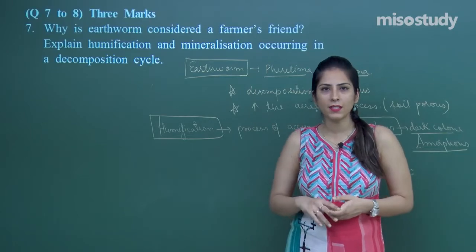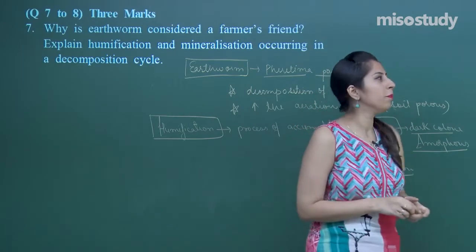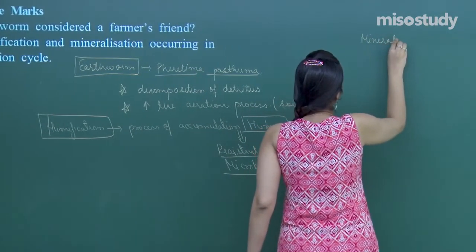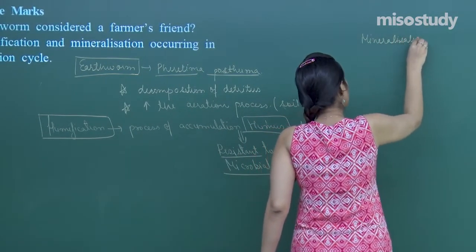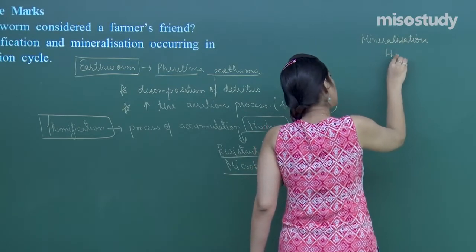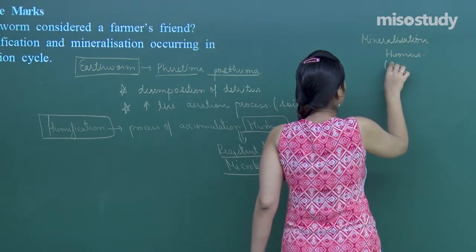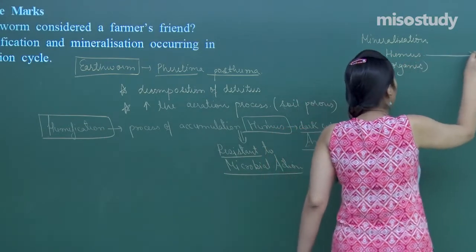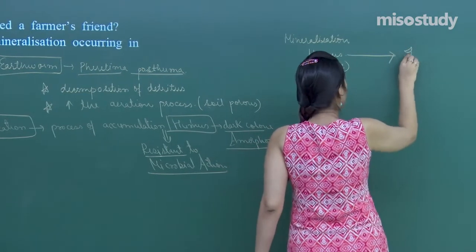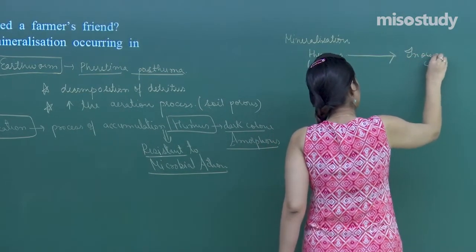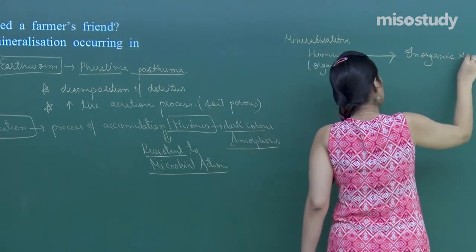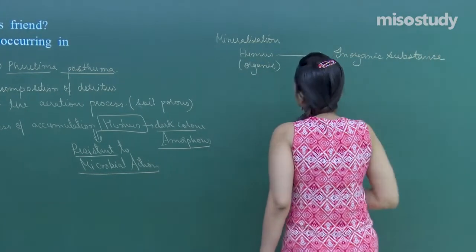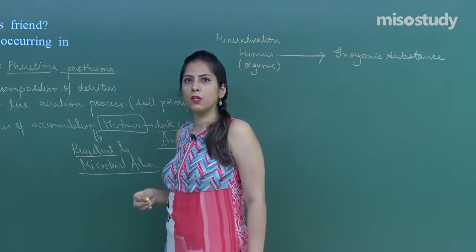That means releasing the minerals or nutrients. So humus is an organic substance, and if that is being broken down into inorganic substances, due to which there is a release of nutrients, this process is called mineralization.